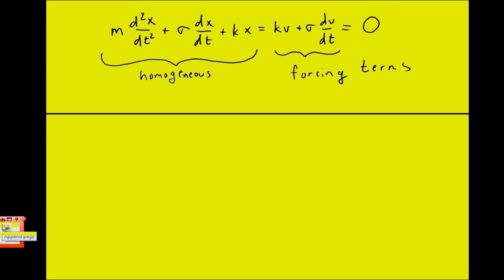To solve this kind of equation, we do as we always do with our differential equations, and we assume a form of a solution. In this case, we assume a solution to have the form a, some constant a, times e to the lambda t. By substituting this assumed solution into our differential equation, we can determine what lambda has to be in order to find our solution.